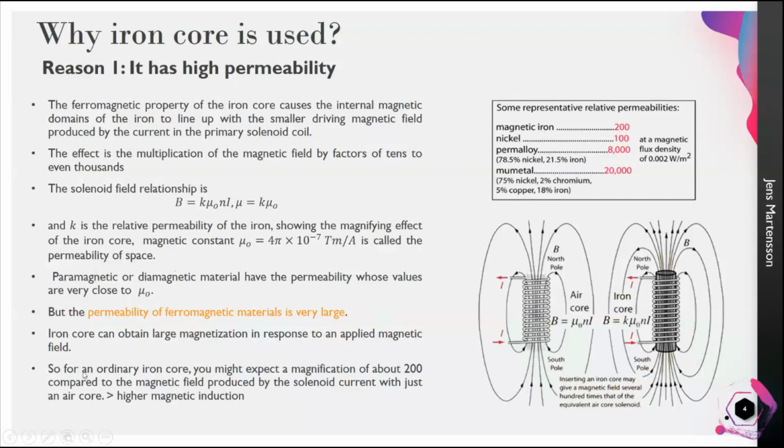For example, in this case, if you are using an ordinary iron core, you can expect a magnification of 200 compared to the magnetic field produced by the solenoid current without an iron core, because the relative permeability of iron is 200. So in this picture, you can see that a lot more magnetic field lines are produced when using an iron core, while fewer magnetic field lines are produced when you are using air as the core in a transformer.